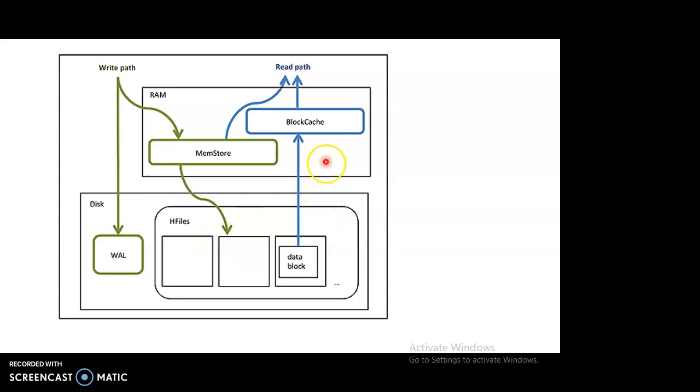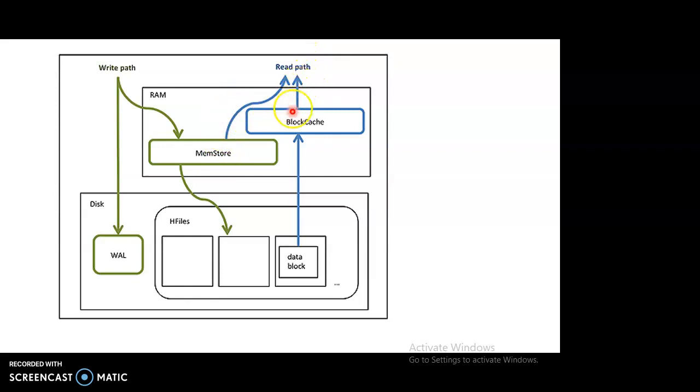And while reading the data, if the requested data is present in block cache, it will go directly from the block cache. If it is in MemStore, it will get accessed from MemStore.